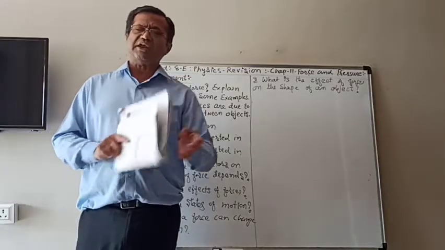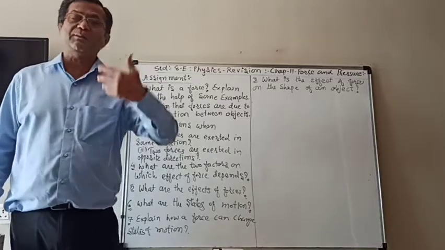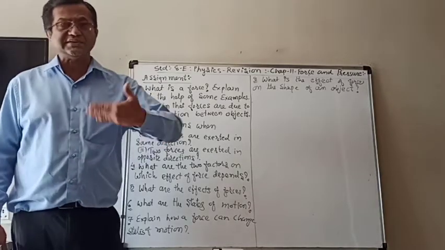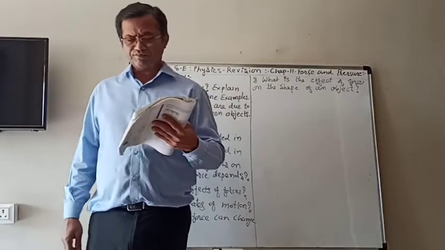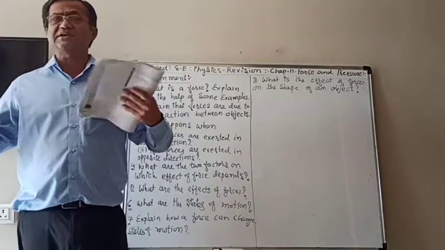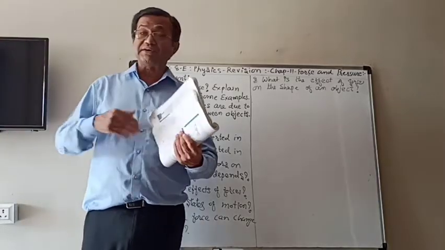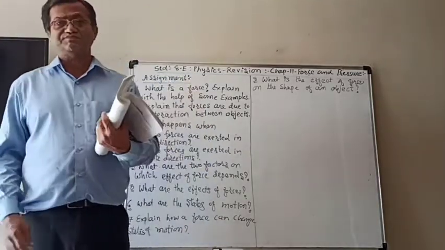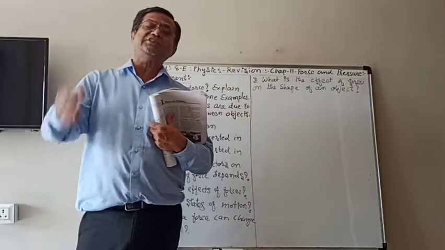But there are so many actions we do to apply force, like kicking, lifting the object, picking, opening, shutting, closing, hitting, flicking, pushing, etc. By so many ways we apply force.